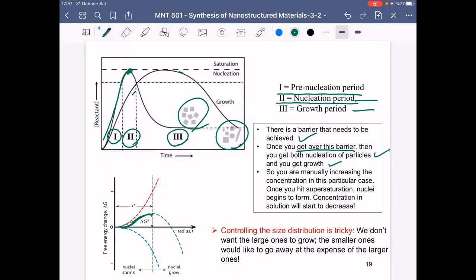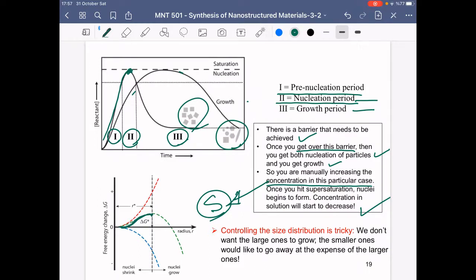So you're increasing the concentration in this particular case. And remember, this was called the supersaturation level. Once you hit supersaturation, nuclei begin to form and the concentration in solution will start to decrease. That's the summary of this curve, which is very, very important to know.